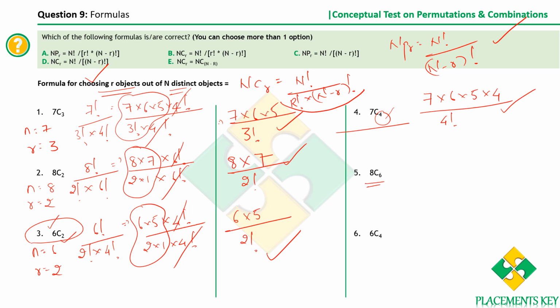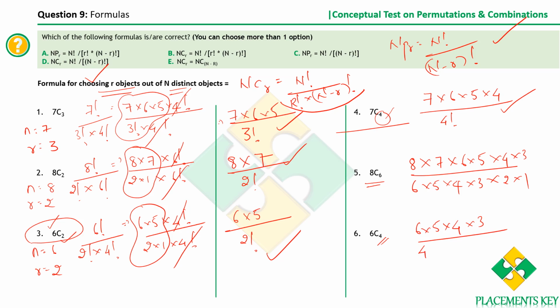Similarly for 8C6, we start writing 6 numbers starting from 8 into 7 into 6 into 5 into 4 into 3, 1 2 3 4 5 6 numbers, and then in the denominator we have 6 into 5 into 4 into 3 into 2 into 1. Similarly for 6C4, we start writing 4 numbers starting from 6, right? So 6 into 5 into 4 into 3, in the denominator 4 factorial, 4 into 3 into 2 into 1.